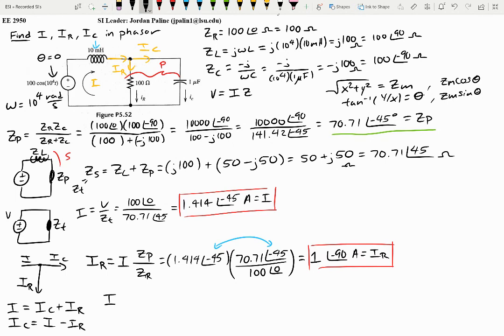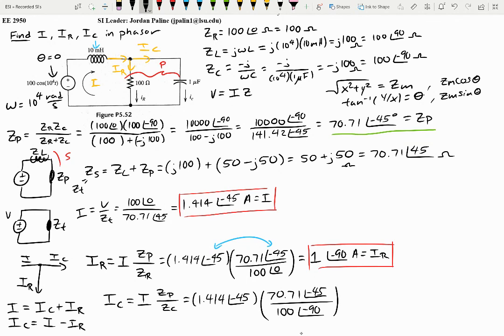So I'll just do I of C is equal to I times ZP over ZC. That'll be 1.414, an angle negative 45 degrees. Once again, 70.71, an angle of negative 45 degrees. Then we said the ZC is going to be 100, an angle negative 90 from the top.